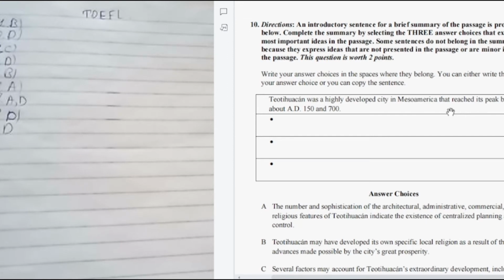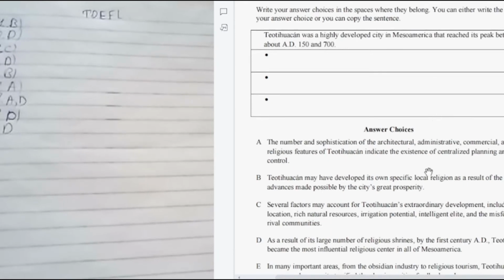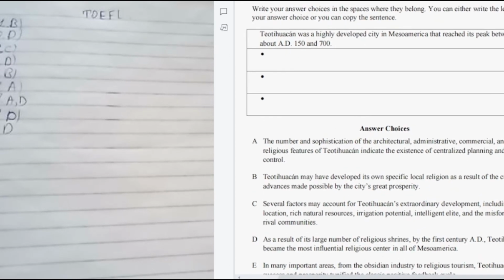And the introductory sentence for a brief summary. Okay. Write your answer choices in the space. Teotihuacan was a highly developed city in Mesoamerica that reached its peak between about AD 150 and 700. The number and sophistication of its administrative, commercial, and religious features indicate the existence of central planning and control.